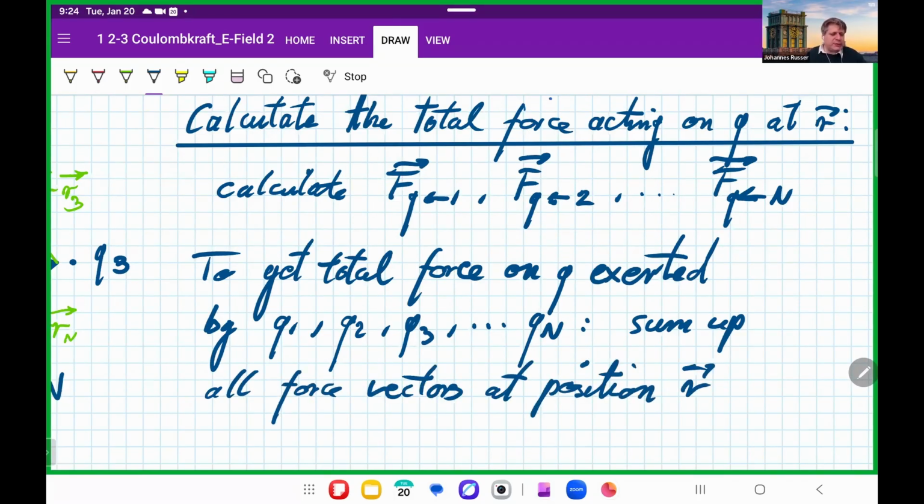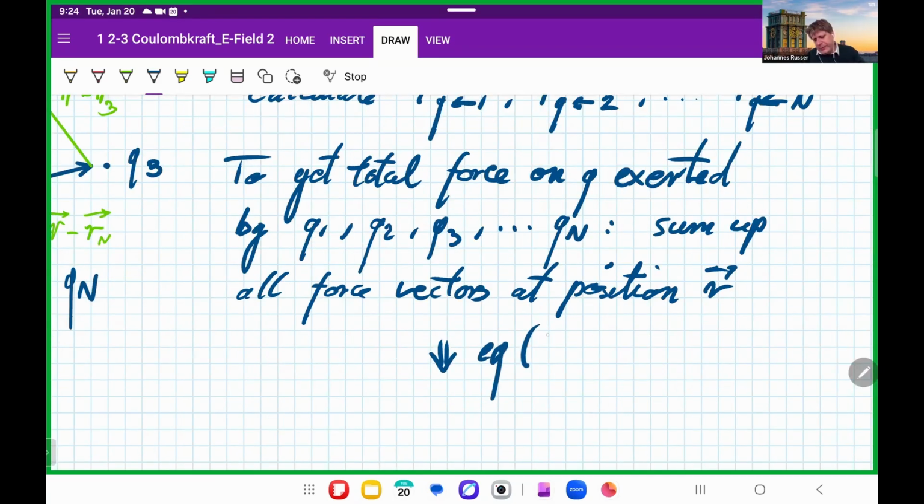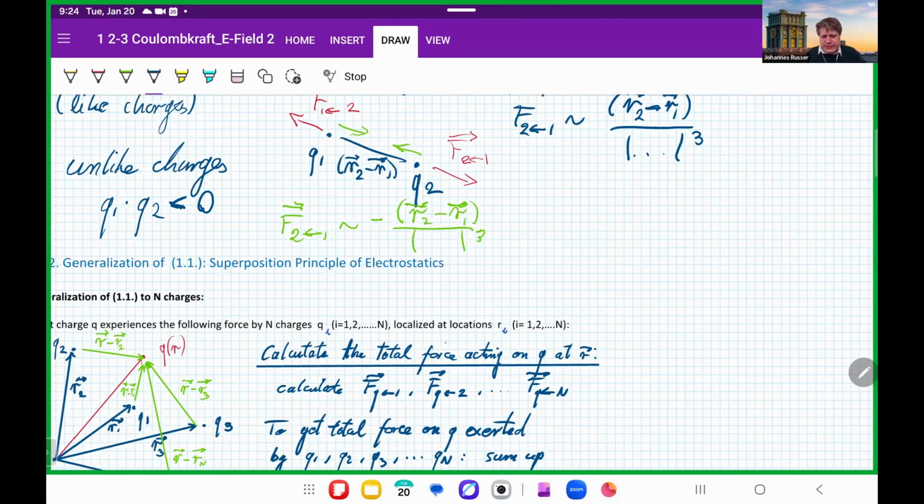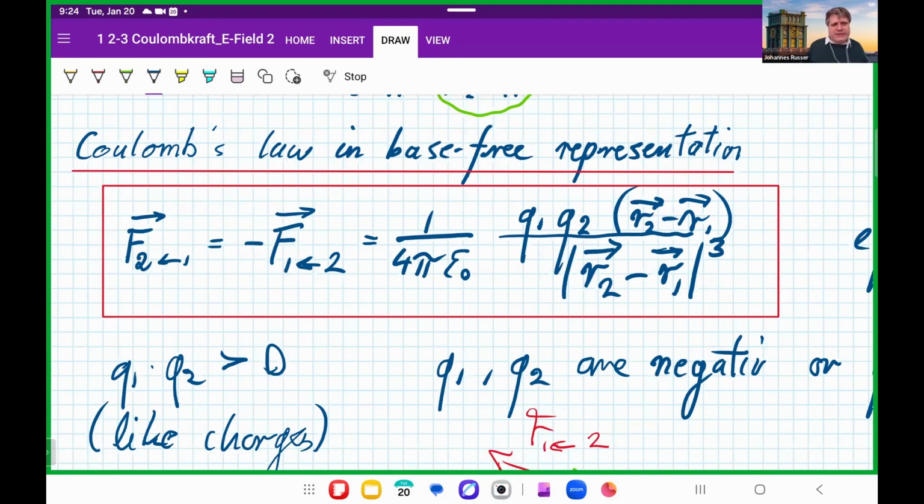So we make use of the equation of Coulomb's law that I also wrote above as equation 1.1. We take that one now. That was the case for the scenario where we have two charges. Now we always look at the test charge along with one of the surrounding charges.